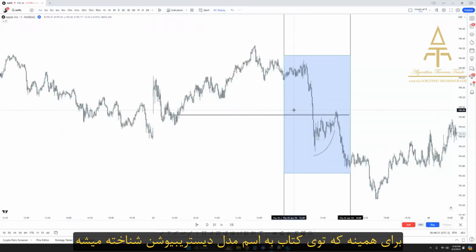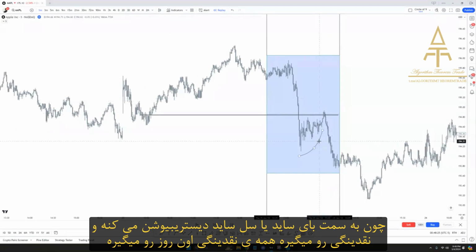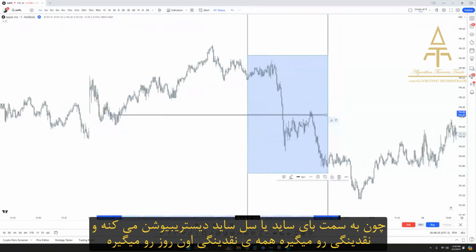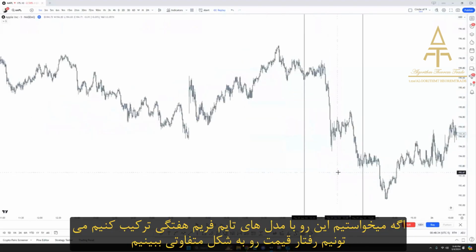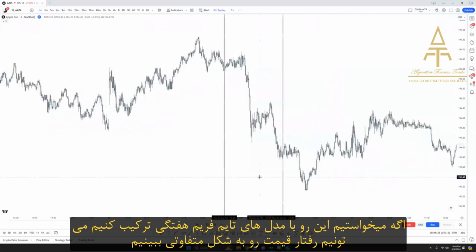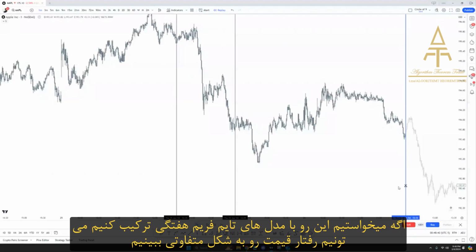It's the reason why it's called the distribution model in the book, because it distributes whether towards buy side or sell side and takes out a lot of liquidity throughout the day. If you were to combine this with weekly session time models, you can begin to see price in a different manner.